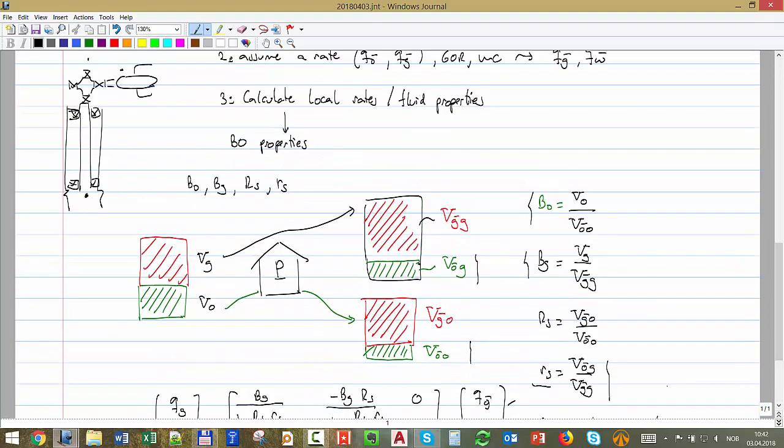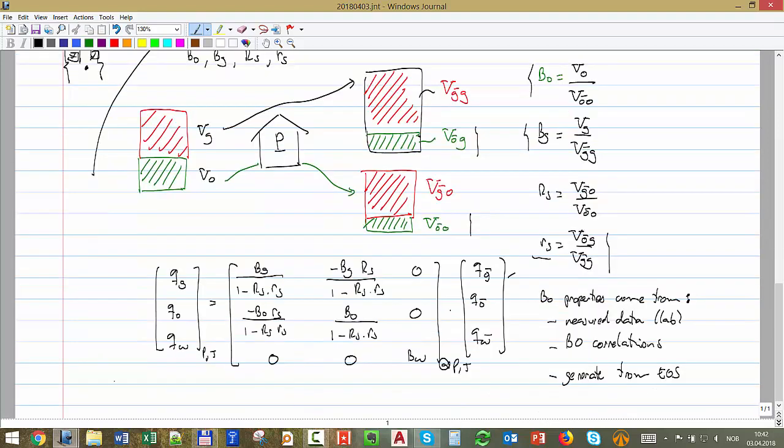Okay, the other approach we have to calculate local rates is using an equation of state. And I'm going to bring that to the next page. Okay, an equation of state. The first step is I have to calculate the total mass flow rate.